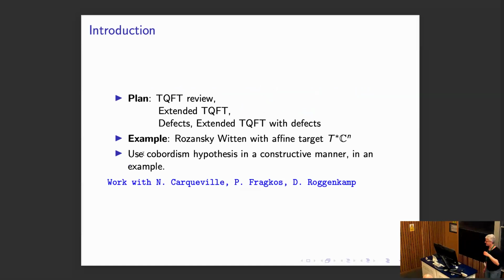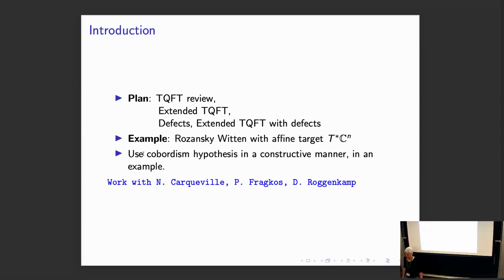So I start with a brief recap of TQFT and what extended TQFTs are, and the ingredients that I actually want to talk about, like defects, and then put together defects of extended TQFT.